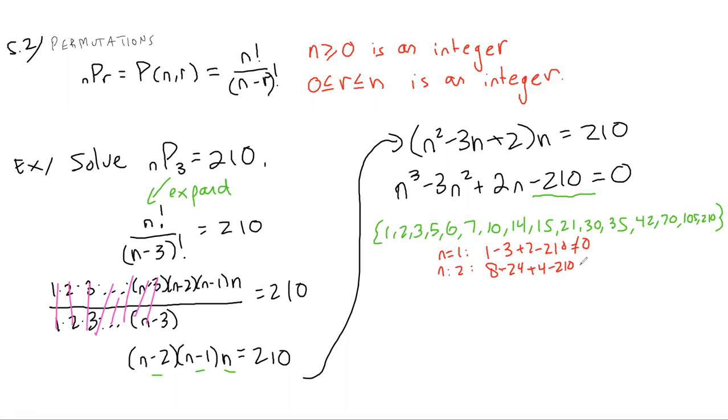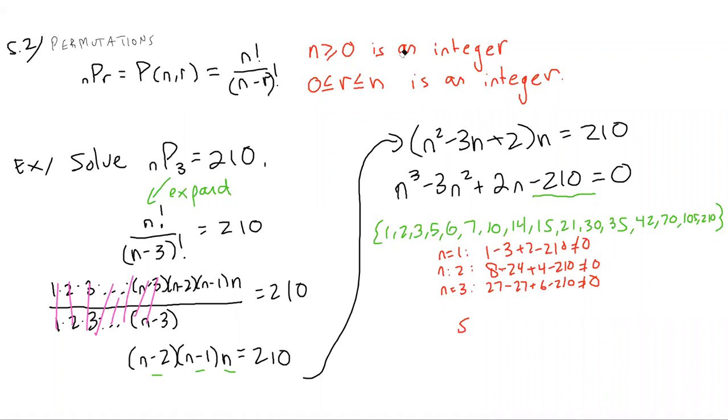It's negative. n is 3, 27 minus 27 plus 6 minus 210, nope. 4, no, there's no 4. So we'll keep trying.